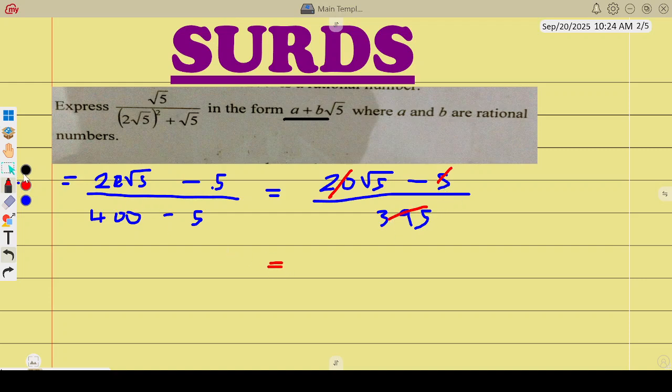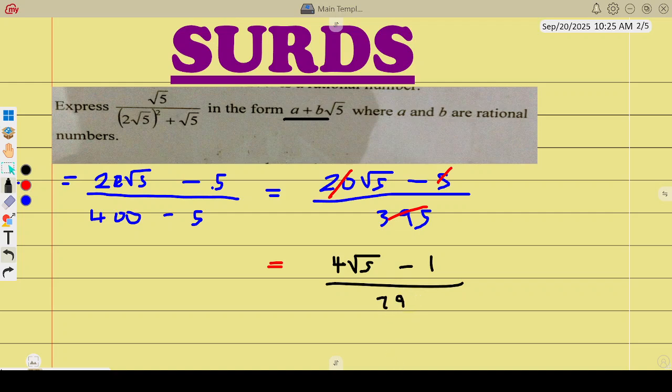So what answer are we going to get? 20 divided by 5 is 4. 5 divided by 5 is 1. And then 395 divided by 5 is 79.